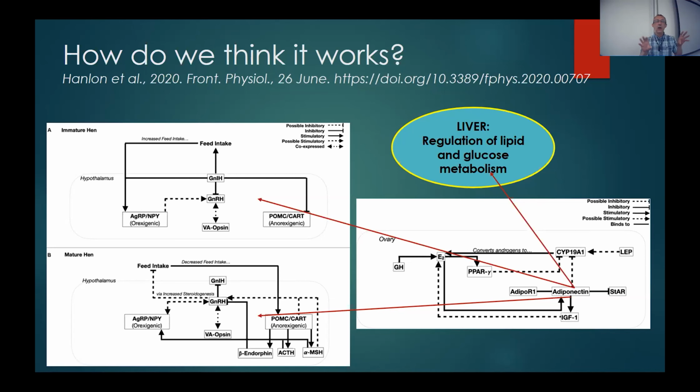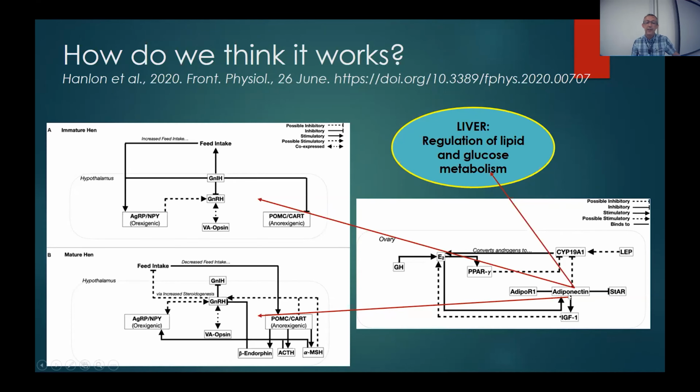But we still need signaling from the body indicating the status. And we dug through several potential pathways. One that appeared the most promising is an adipokine, a signaling molecule from adipose tissue called adiponectin. Why?